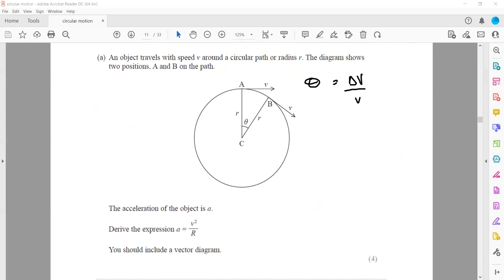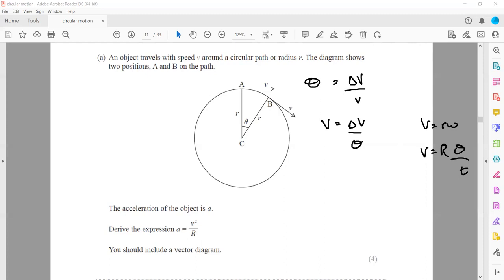So delta V over V is equal to theta. And we know V is equal to R omega, where R is the radius and omega is the change in angle, theta divided by time interval.